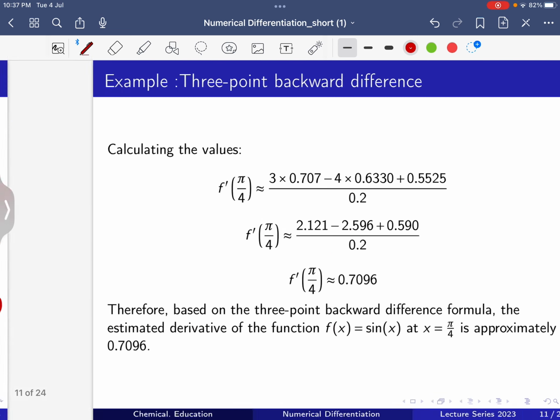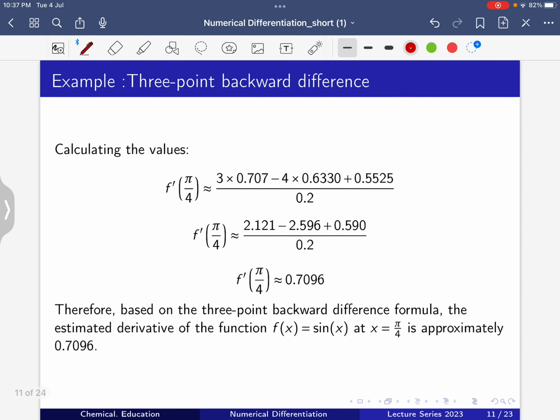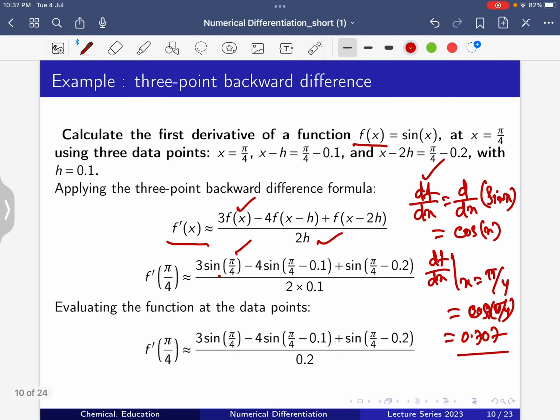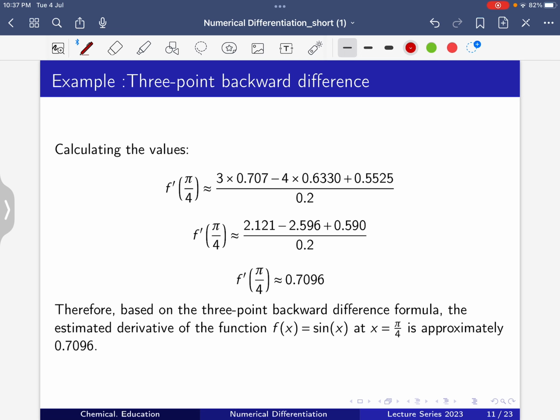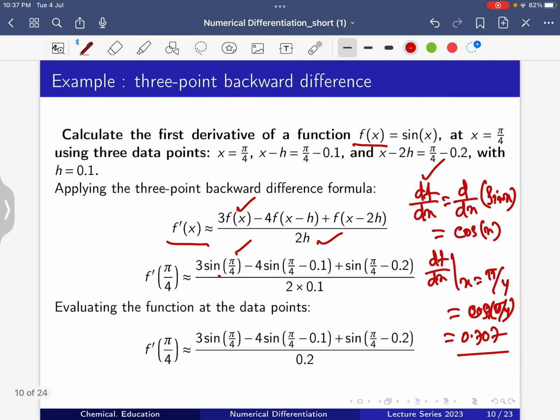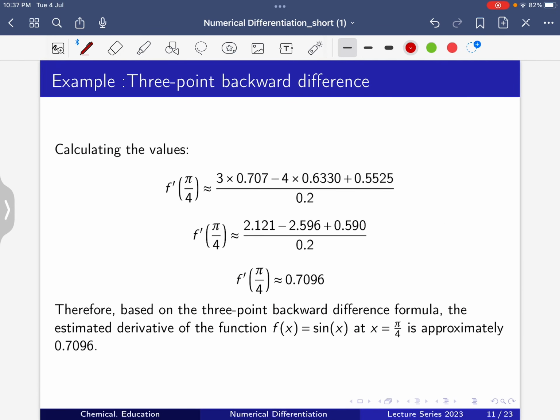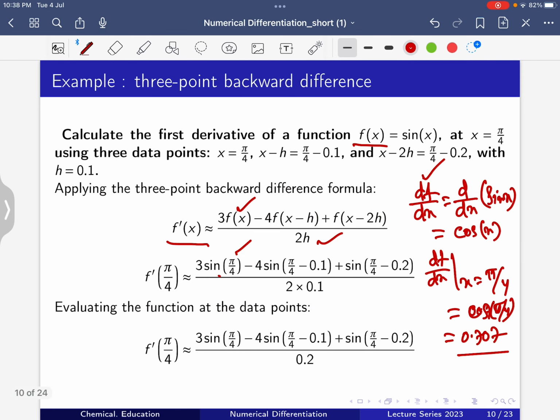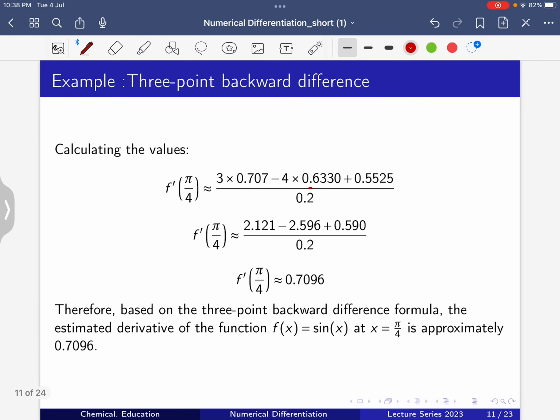So for f'(pi/4) we get 3 into 0.707, sin(pi/4 - 0.1) is 0.6330, and sin(pi/4 - 0.2) is 0.5525, divided by 0.2. We can check that value to see whether I made a mistake or not.